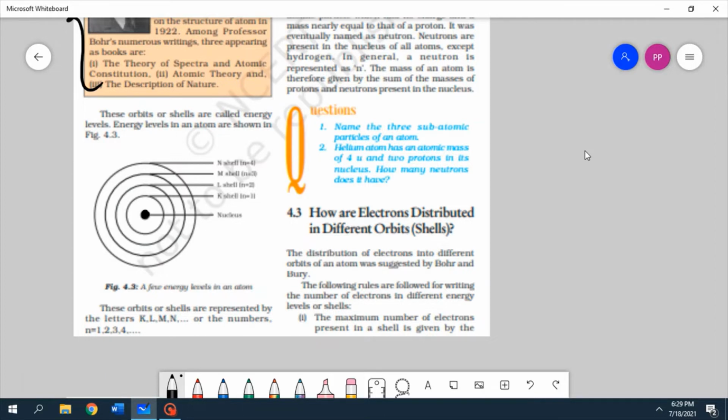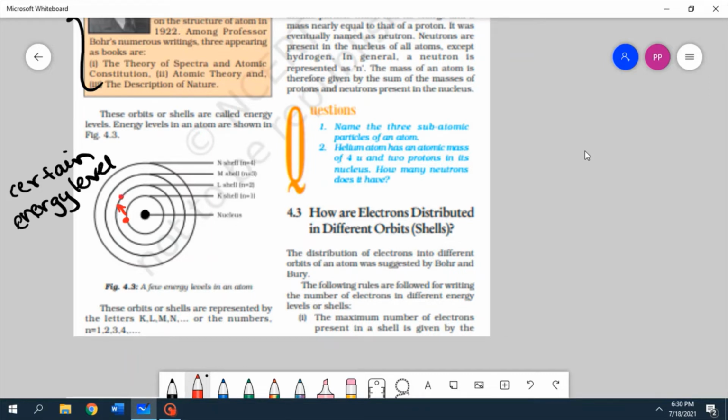So he called each orbit an energy level. And he said that each atom has specific, certain energy levels. When an electron is here, let's say, let's not use black because that's how they depicted the nucleus. So if an electron was here, and it absorbed energy, it would move on to the next energy level, so the next orbit.